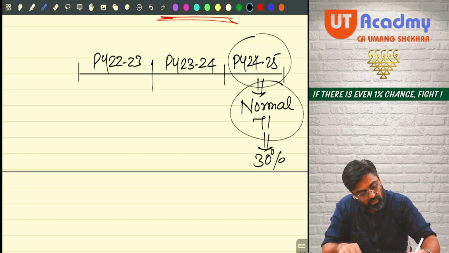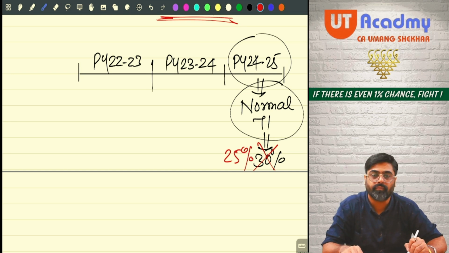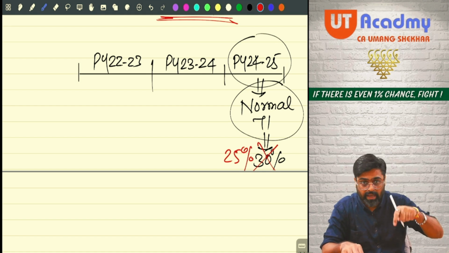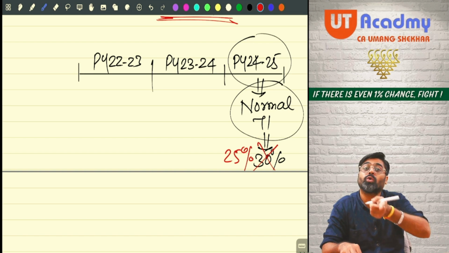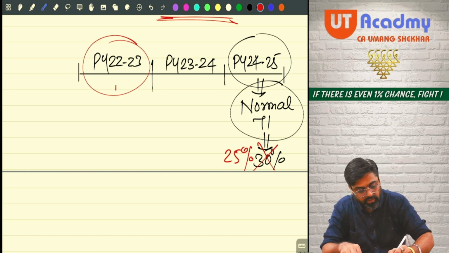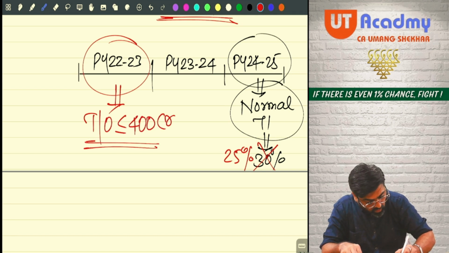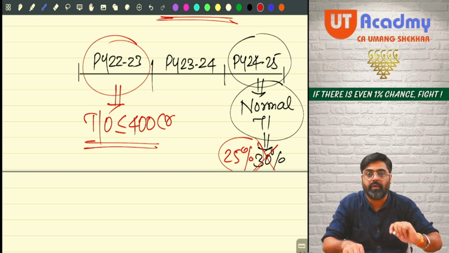So they are saying, don't pay 30%, pay only 25%. But this 25% will be applicable only if your turnover in last to last year, meaning 22-23, was less than or equal to 400 crores. Then only for this year your tax rate will be 25%.